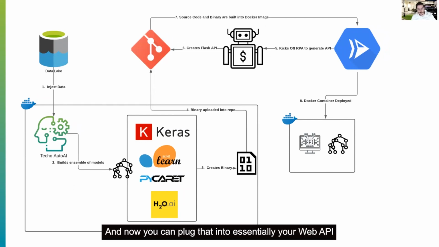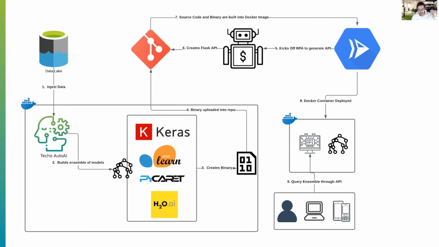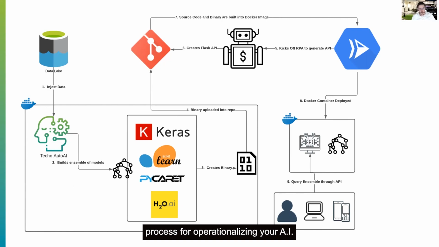And now you can plug that into your web API or your application or your users or your business analytics, whatever you want to enable for that decision you're trying to make. And this is now an iterative, automatic process where you can create these AI models and have a great process for operationalizing your AI.